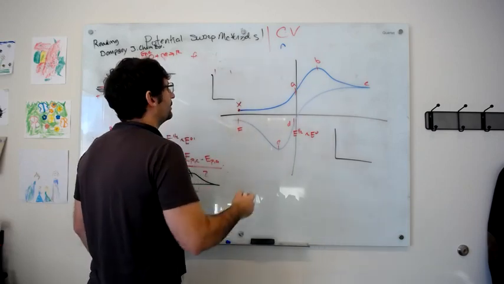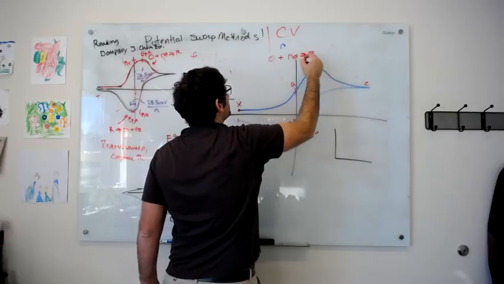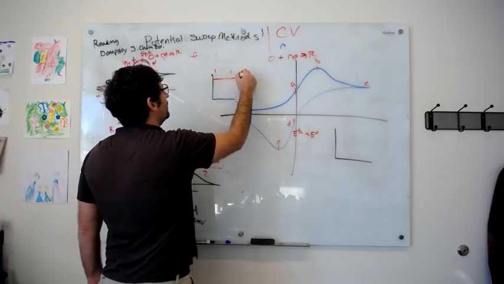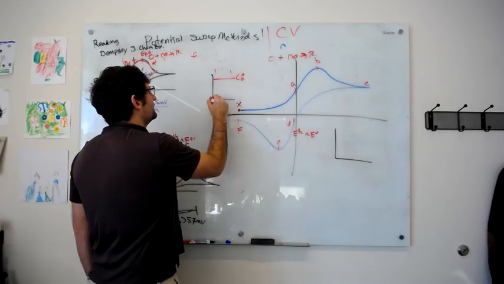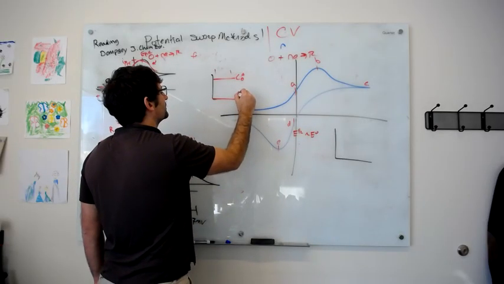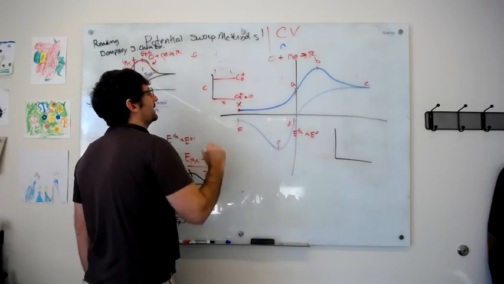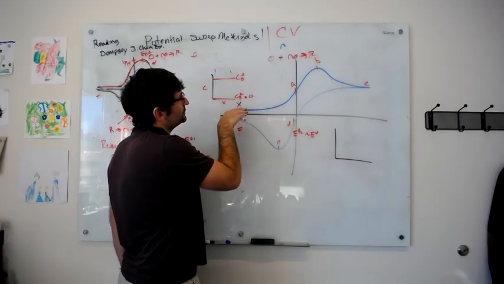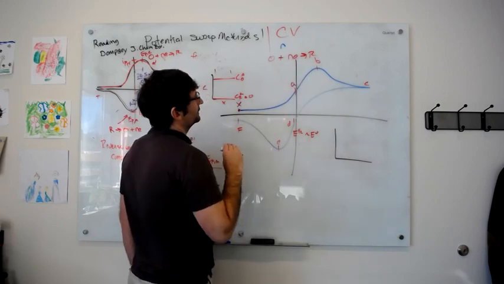We start out with all O plus n electrons going to R, so all O. So we should basically have C_O star everywhere, and C_R star equals 0 everywhere, concentration as a function of x. As we start to approach E naught, we start to pass current as O near the electrode is reduced to R.